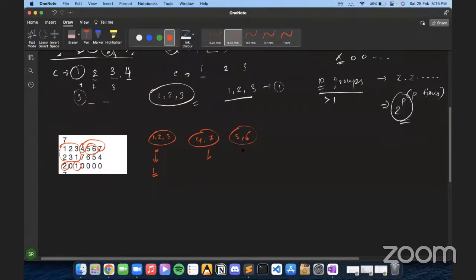But for 4 and 7, there is no index fixed in the array. So 2 permutations are possible here, and 2 permutations are possible here. So the answer should be 1 into 2 into 2, that is 4.